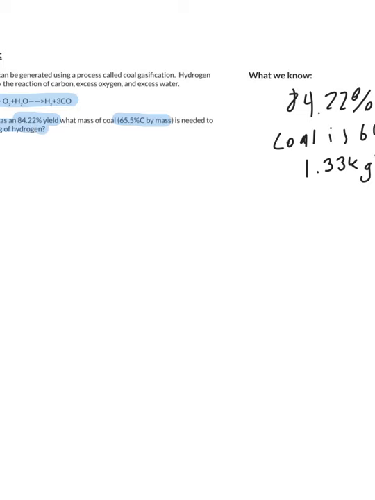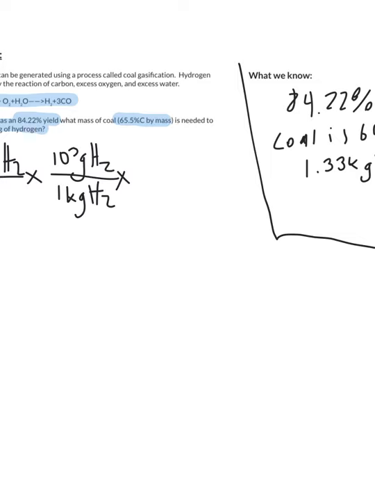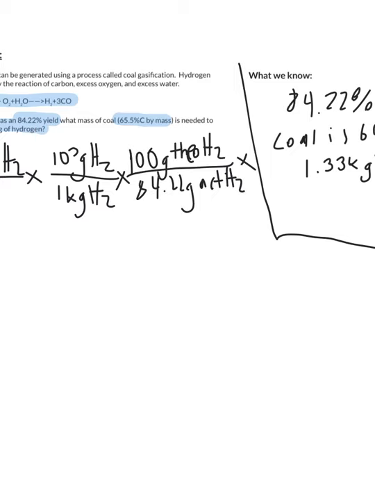So we'll start with 1.33 kilograms of H2 actual, and we will convert that to grams of H2, and then we will use our 100 grams theoretical H2 over our 84.22 grams of actual H2, because that is what the percent yield ratio is, but it's flipped.